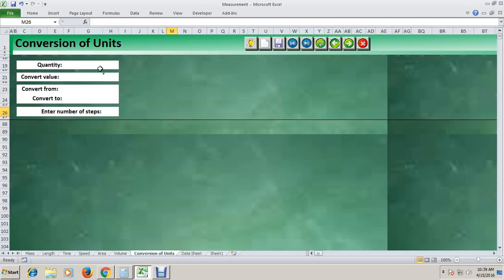Okay, so perhaps we could try that. We want to convert length, for example, 5 feet, into the number of centimeters. Foot is singular, feet is plural.